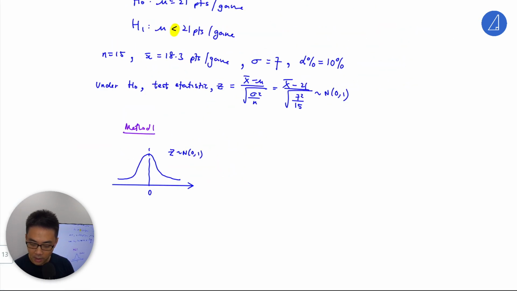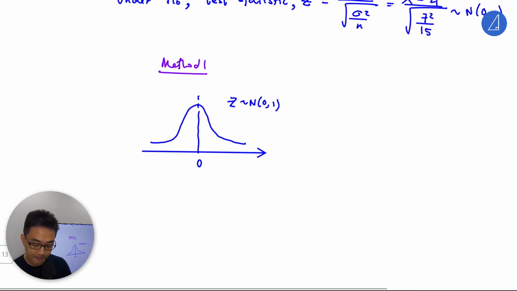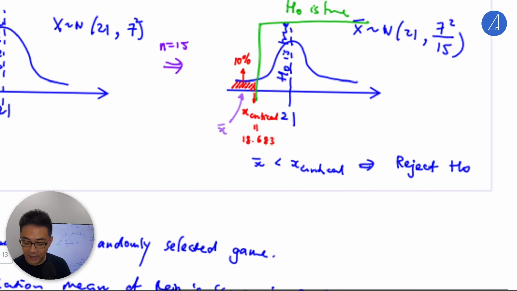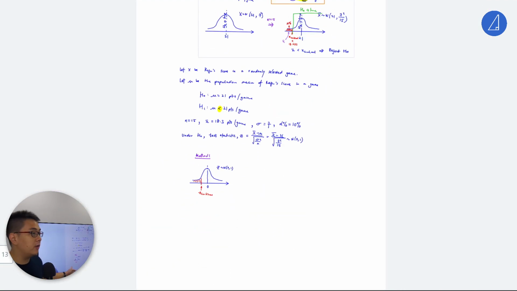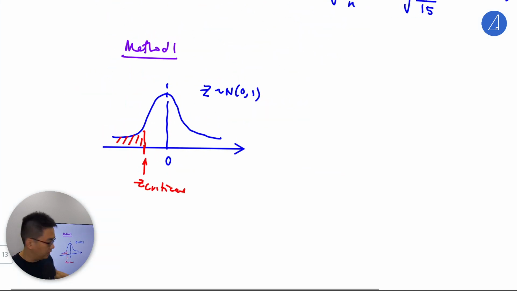10% on the left is here. So we need to decide what is the Z critical, just like just now we decided what is the X critical. This is X critical. That is Z critical. Any issue with that? So if Z critical at 10% is here, then you just do inverse norm.